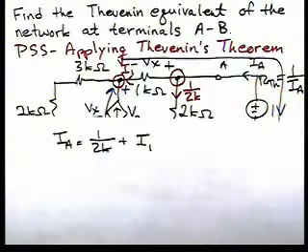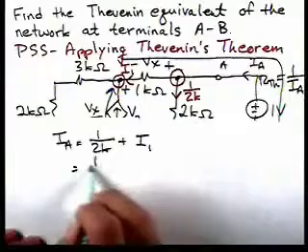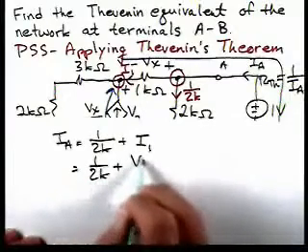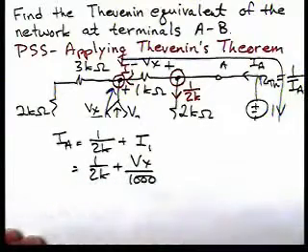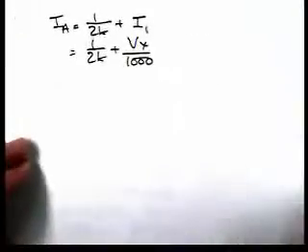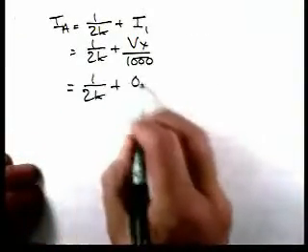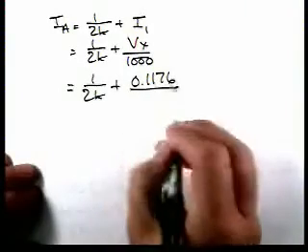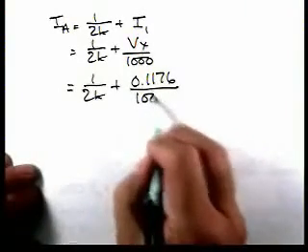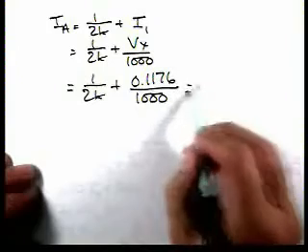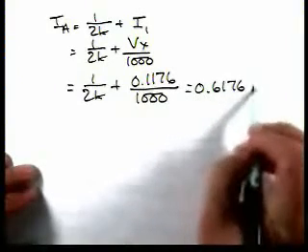There's the application of Kirchhoff's current law. And we know that I1 is Vx over 1,000. So then we have 1 over 2K plus 0.1176 over 1,000, and this is 0.6176 milliamps.